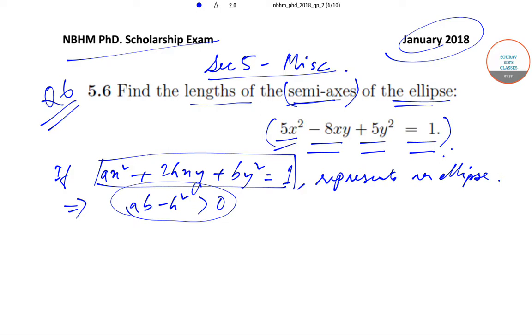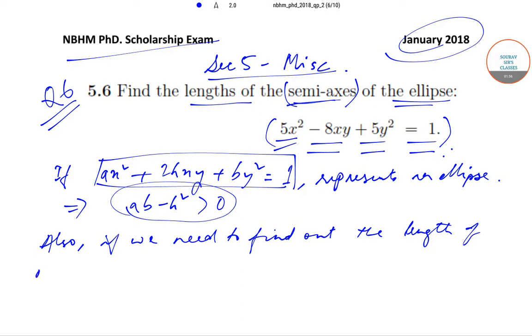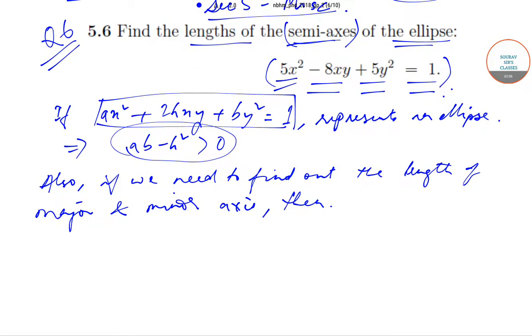Also, if we need to find out the length of major and minor axis, then we need to consider the equation which is given by a minus 1 by r square into b minus 1 by r square, which is equal to h square.